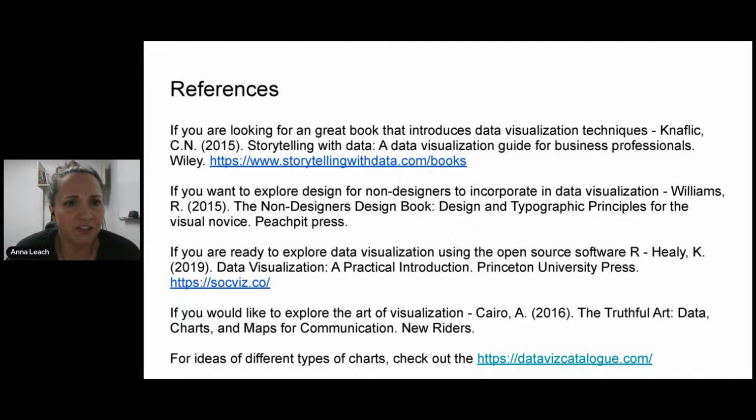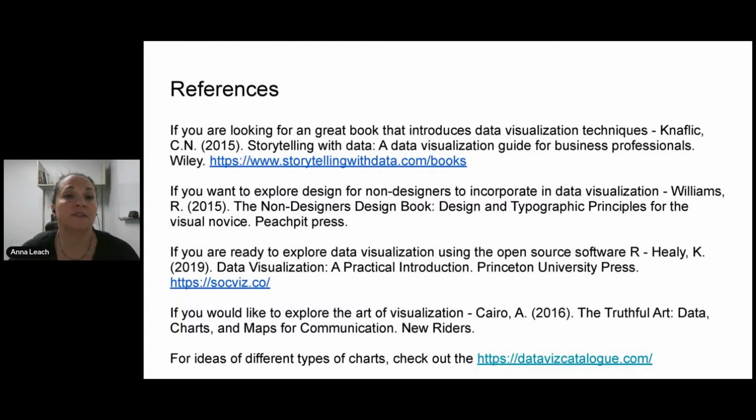If you're ready to start diving into using software, maybe a little bit more complex and requires some coding beyond Excel or Google Sheets, you could explore Data Visualization: A Practical Introduction by Healy, where it's a step-by-step process discussing some of the things that I talked about today about perception, as well as what makes a great visualization, and then builds on that with some guides.